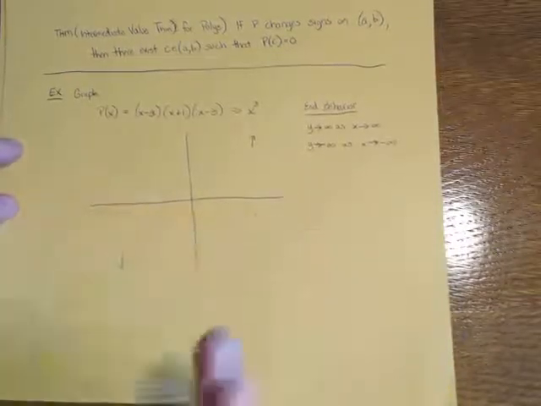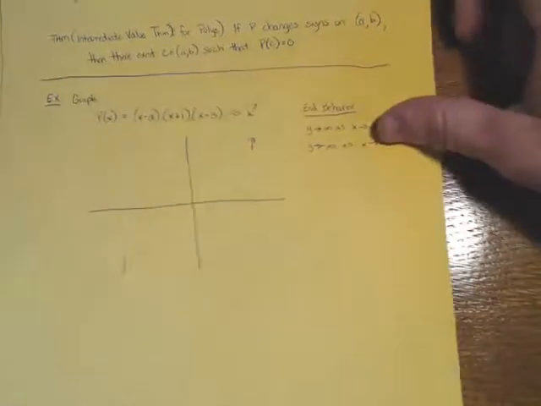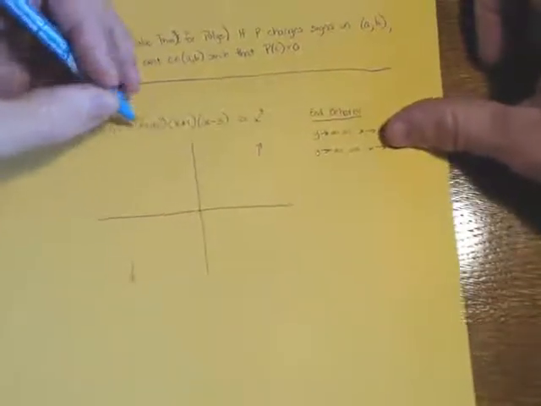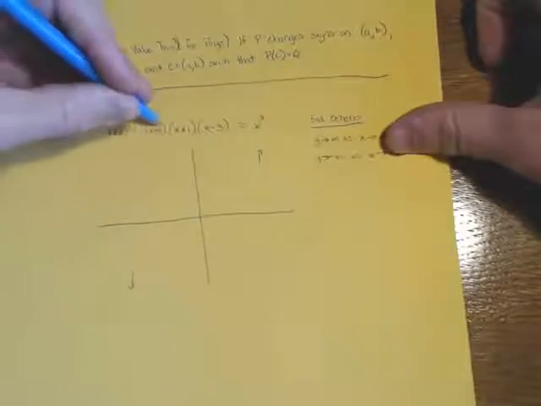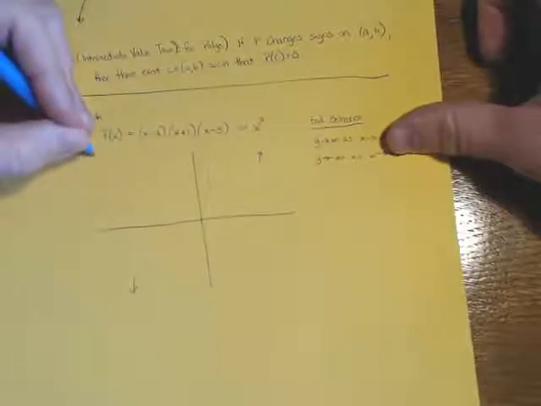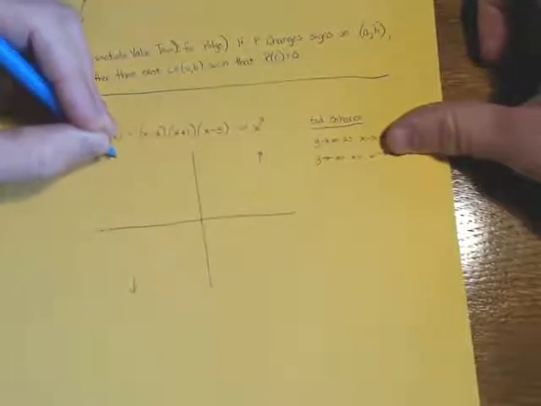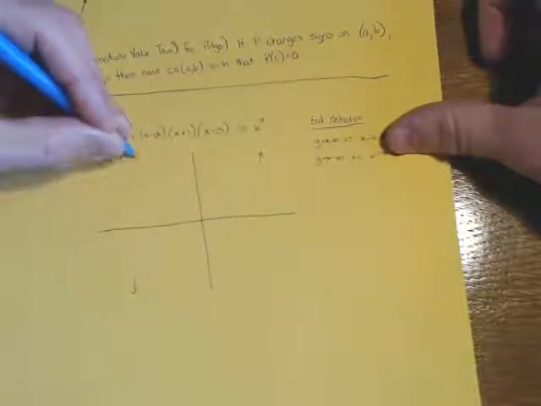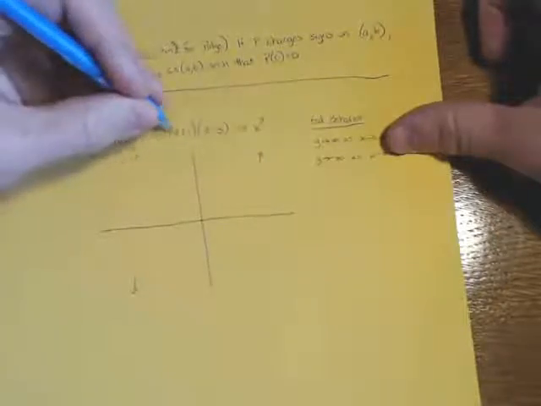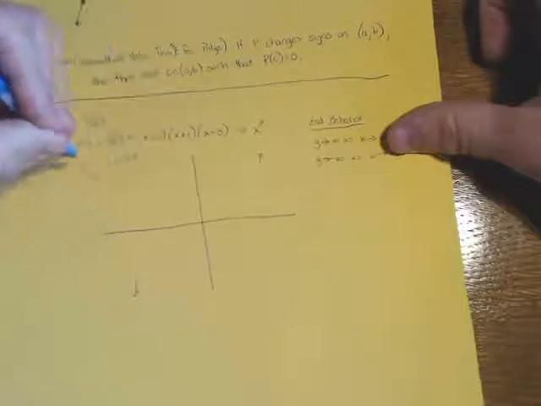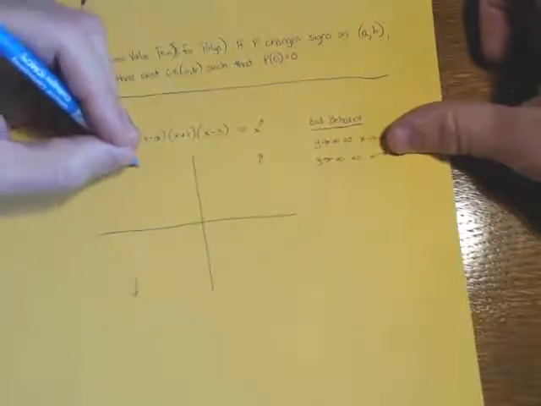But again, like I said, in between is what's the important part. And in between, I can see from the given function, x minus 2 is a factor, thus 2 is an intercept. X plus 1 is a factor, thus negative 1 is an intercept.